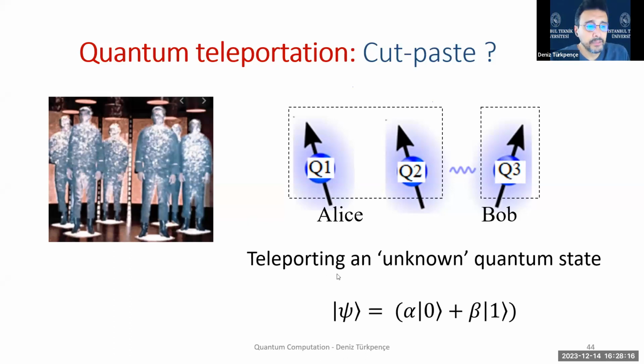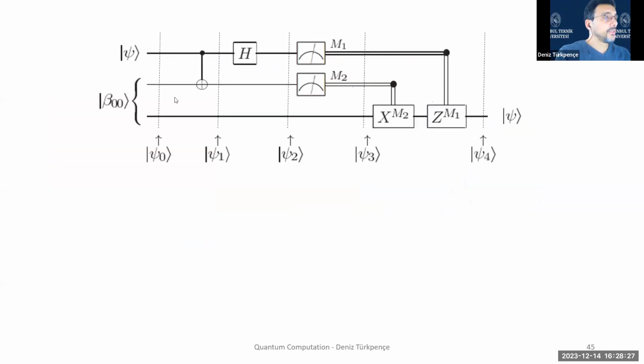Here, we want to teleport an unknown quantum state just like this, initially alpha and beta, which means that I don't know alpha and beta in advance. And here is my quantum teleportation algorithm, okay? And here, this is my initial state that I would like to teleport, okay? And at the end of the algorithm, I want to obtain this psi in the third qubit.